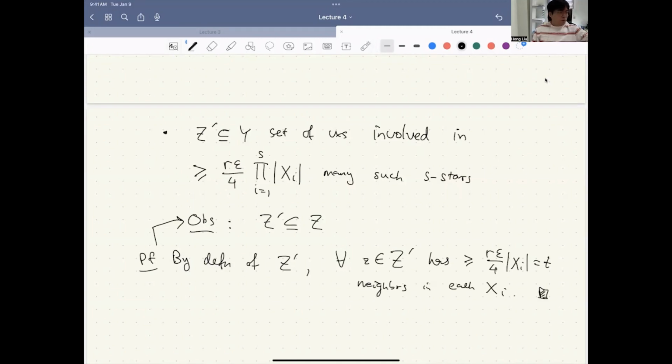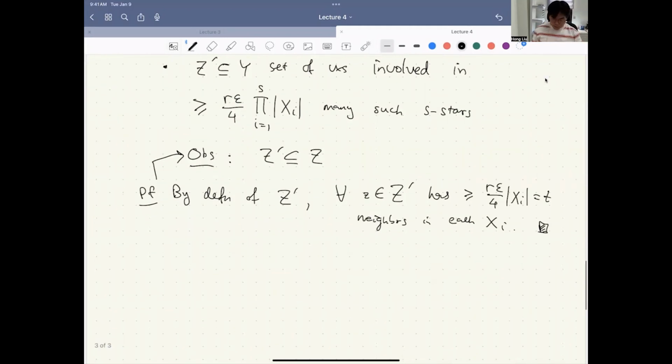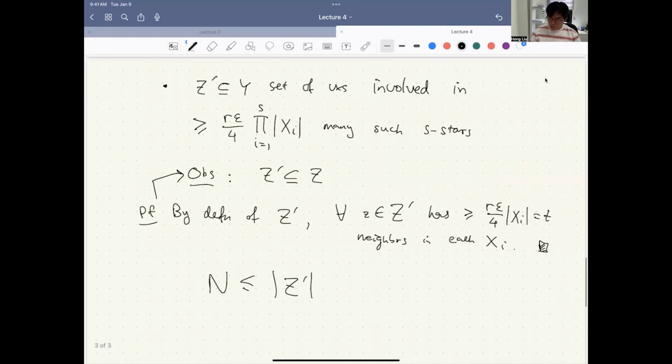Now we're going to double count this number of stars, which is capital N, bounded from above. Well, for every vertex in Z prime, the maximum number of stars you can possibly be involved in is everything. You take a vertex from each Xi, 1 to s.